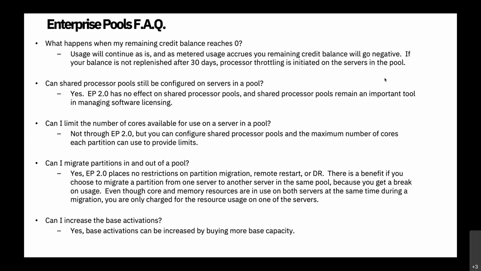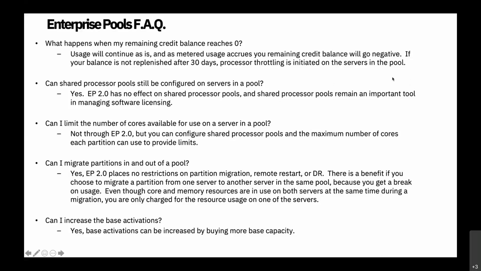So I was just going to say, what happens during LPM, live partition mobility, on the PEP level, because during that time the LPAR is running on two systems? Well, if it is within the enterprise pools, both the systems, then enterprise pools understands it's the same LPAR based on the unique identifier. So it does not charge you twice. It calculates only once that it is the same LPAR.